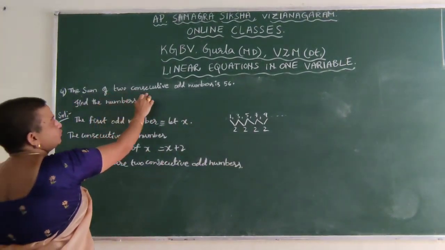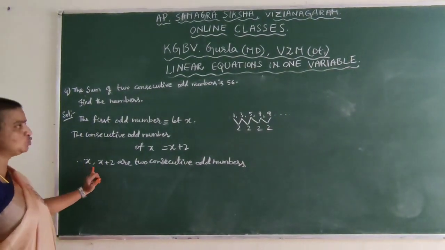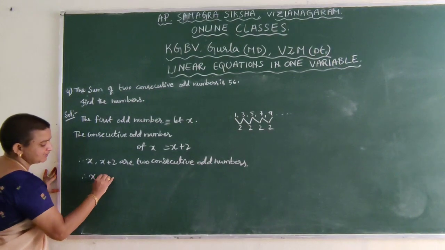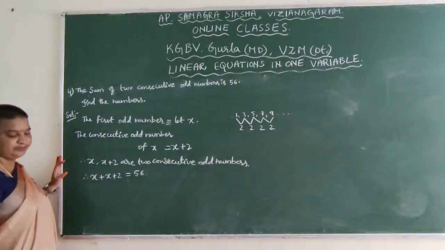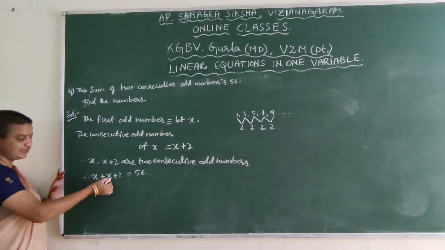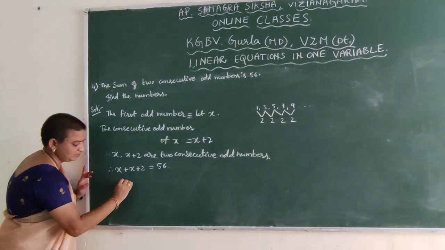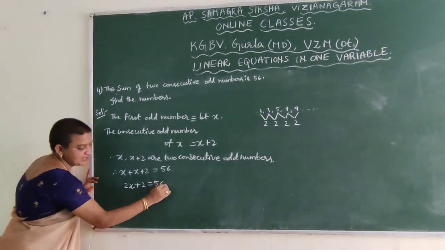The sum of two consecutive odd numbers is 56. The sum of these two is 56. Therefore, x plus x plus 2 is equal to 56. Here is one x and here is also one x. The sum of these two is 2x. That means 2x plus 2 is equal to 56.